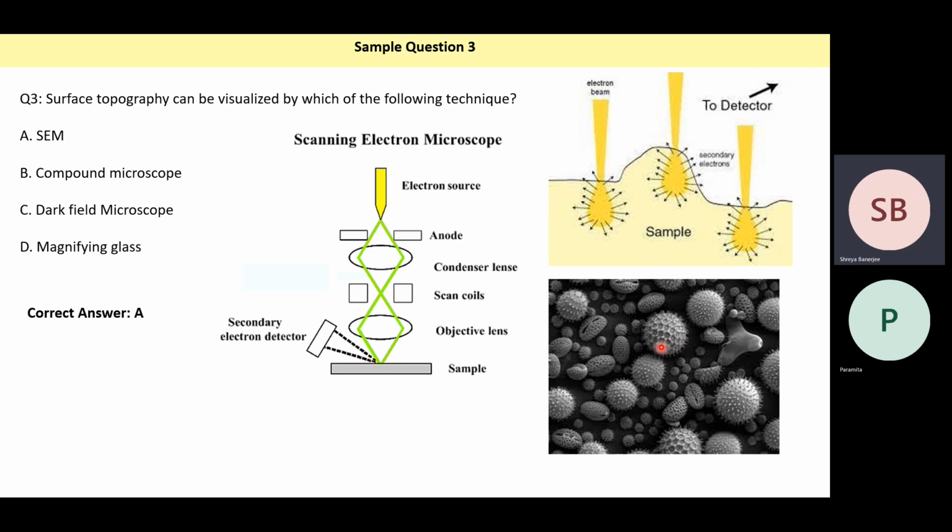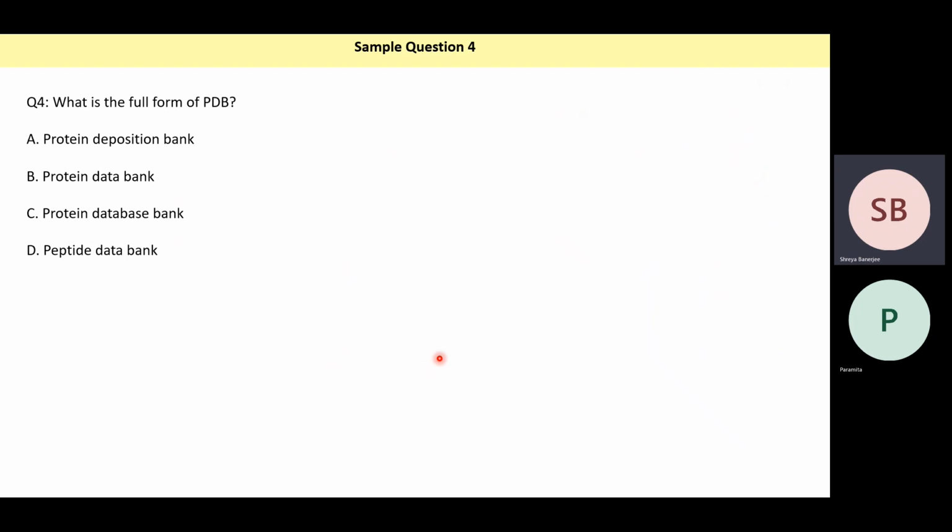Where there are peaks, where there are troughs, you can clearly see it. So the scanning electron microscope can help you visualize the surface topography because it does not penetrate through the sample. It just bounces off, and the ray that bounces off from the sample gives you the picture of the surface of the sample. The fourth question is: what is the full form of PDB?